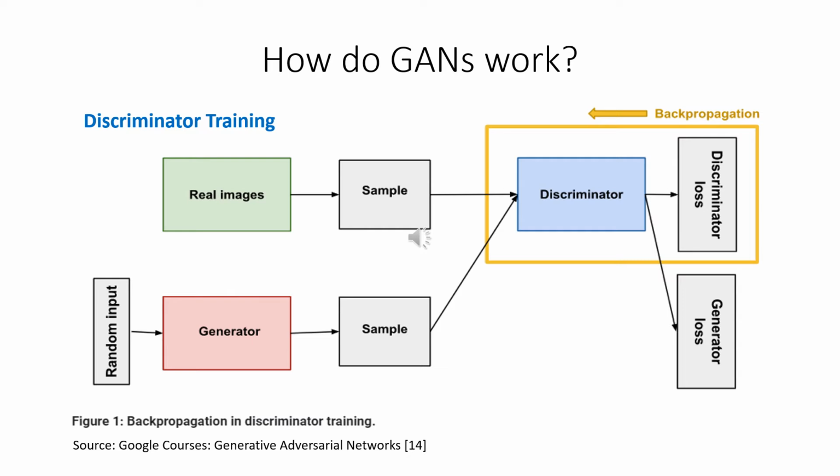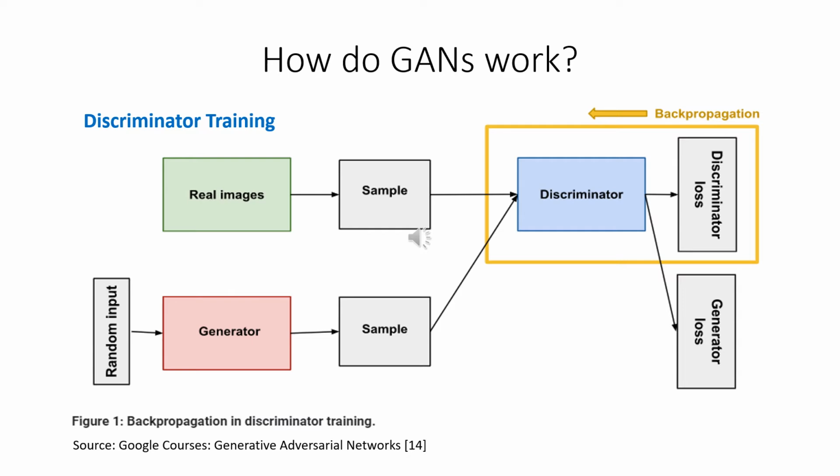A loss function is a measure of how far a model's predictions are from its label, or to phrase it differently, a measure of how bad the model is. During discriminator training, the discriminator ignores the generator loss and just uses the discriminator loss.